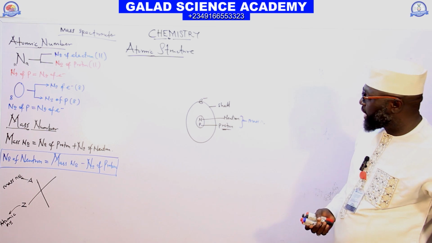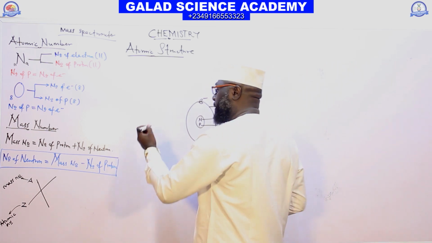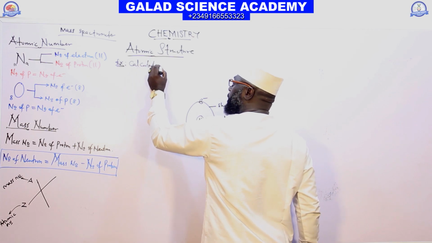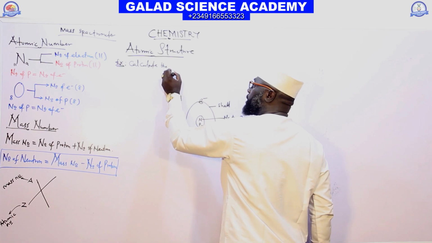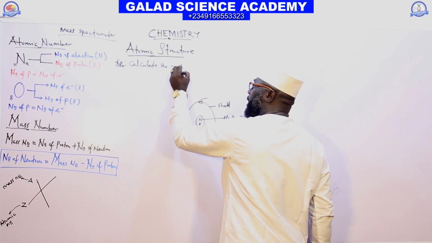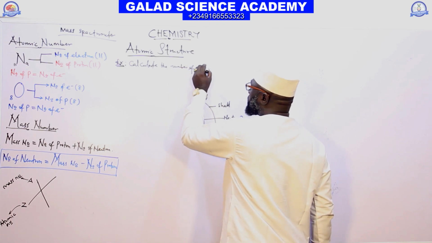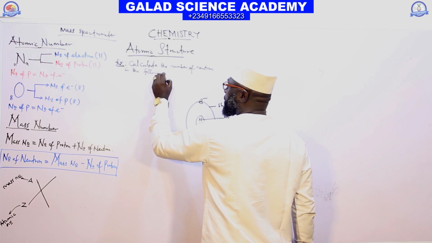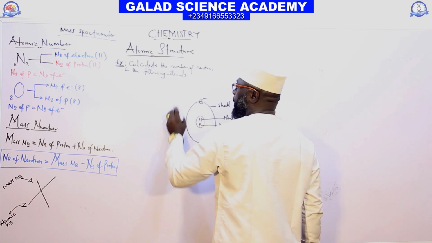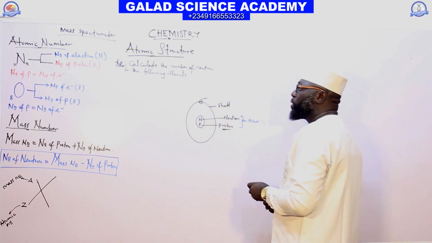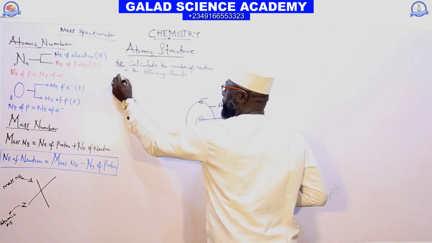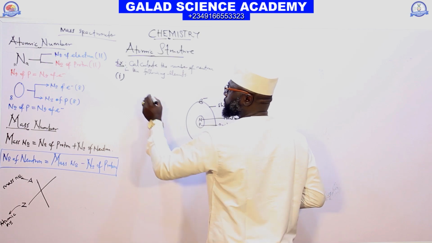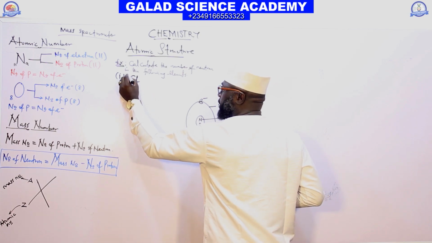Take for example, if you are asked: calculate the number of neutrons in the following elements. One, chlorine 17, 35.